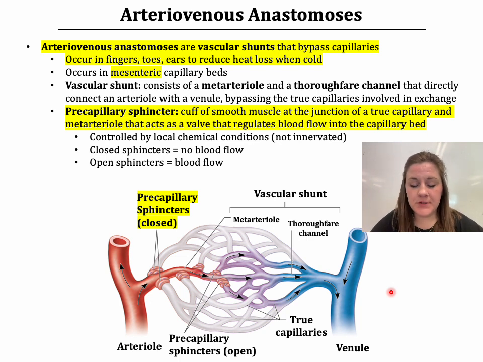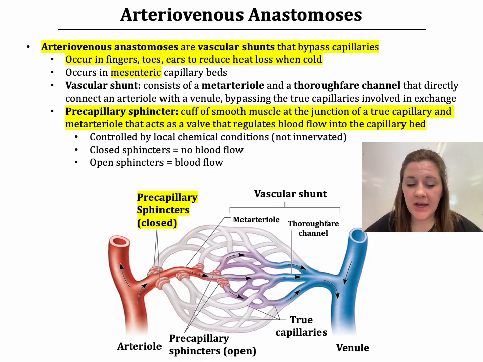What controls the blood flow either through the shunt or through the entire capillary bed are these precapillary sphincters. Just a cluster of smooth muscle cells found right along the vessel. And if they are stimulated to contract, they're going to squeeze and constrict the capillary and prevent the blood from flowing out into the network.